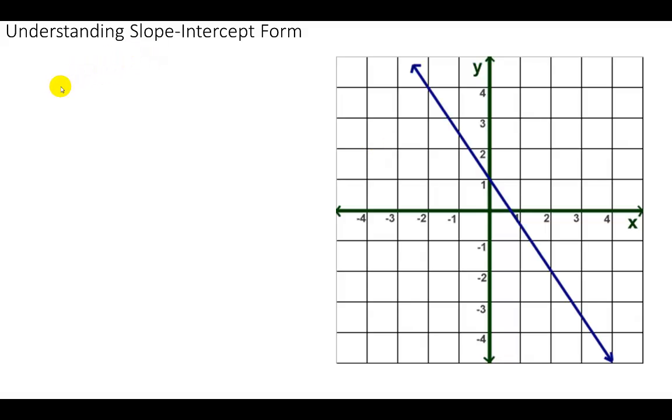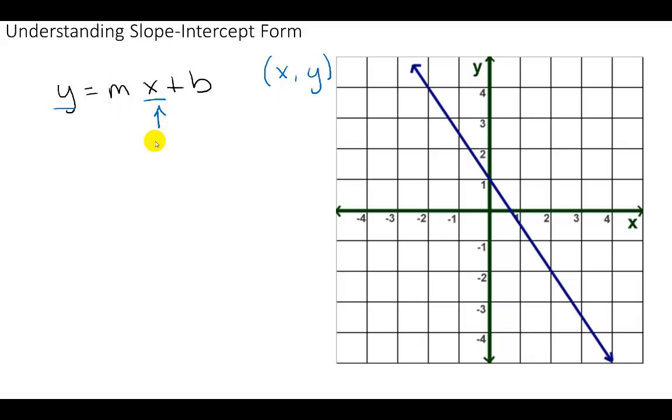Slope-intercept form is y equals mx plus b. In slope-intercept form, the y and the x are the values that create the line. They are the ordered pair x comma y.